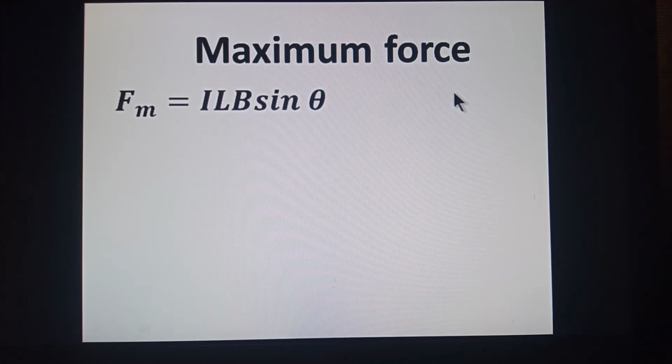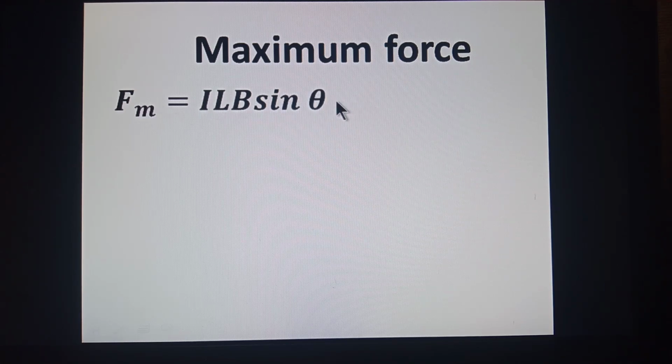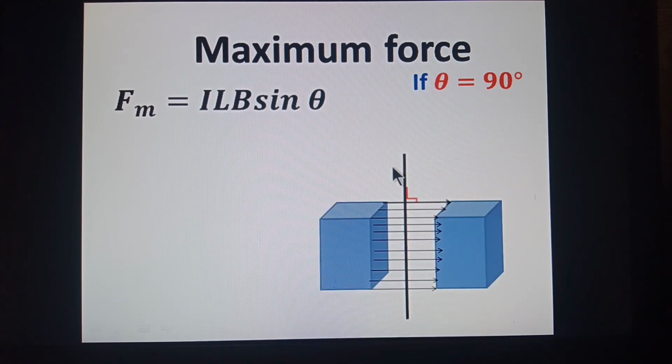Now students, when will the force be maximum? From this equation the important thing is the orientation of the conductor in the magnetic field, the angle at which the conductor is placed. If this angle is 90 degree, what do you mean? It means when conductor is placed perpendicular to the magnetic field. Look at this diagram. Here a current carrying conductor is placed perpendicular to the magnetic field.